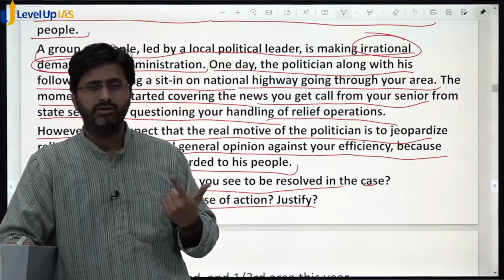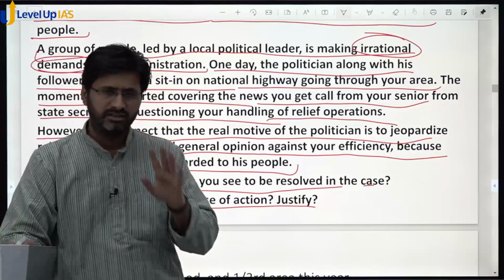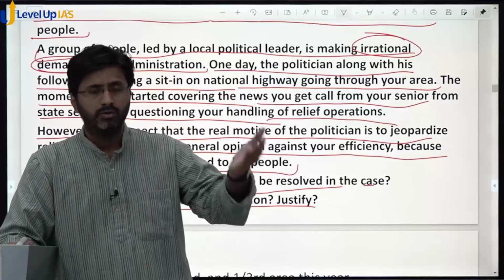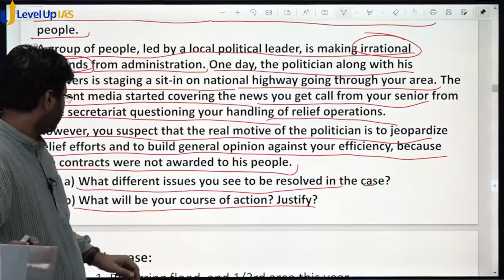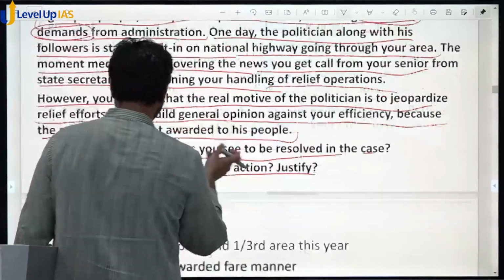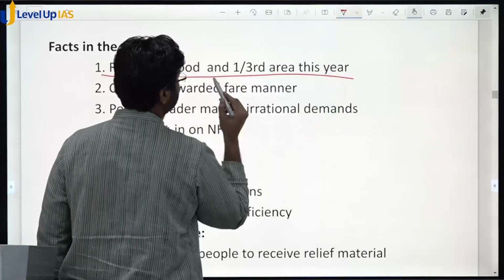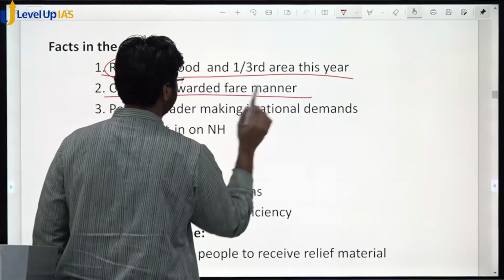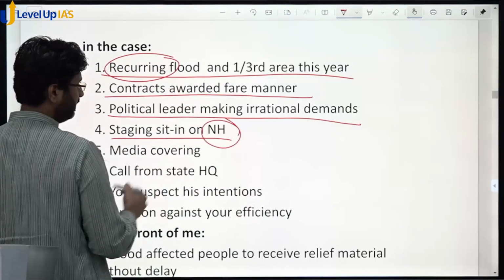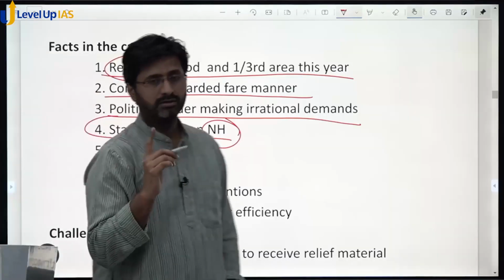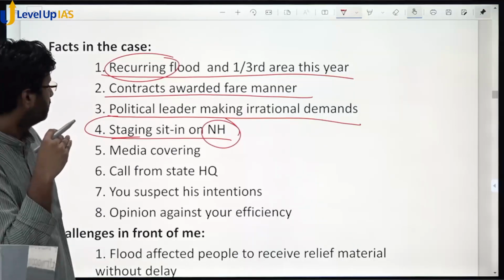Obviously, without doing the job you cannot publicize, but do the job and let the concerned people know legitimately that it has been done, because that helps them understand what is happening, and it also helps you. Okay, so in this particular case, what can you do? What are the facts of this case? It is a recurring flood, contracts have already been given in a fair manner, a political leader is making irrational demands and staging a sit-in on the NH. This is an issue in itself, because a sit-in on a national highway is a crime, and we have to see how to take it forward.